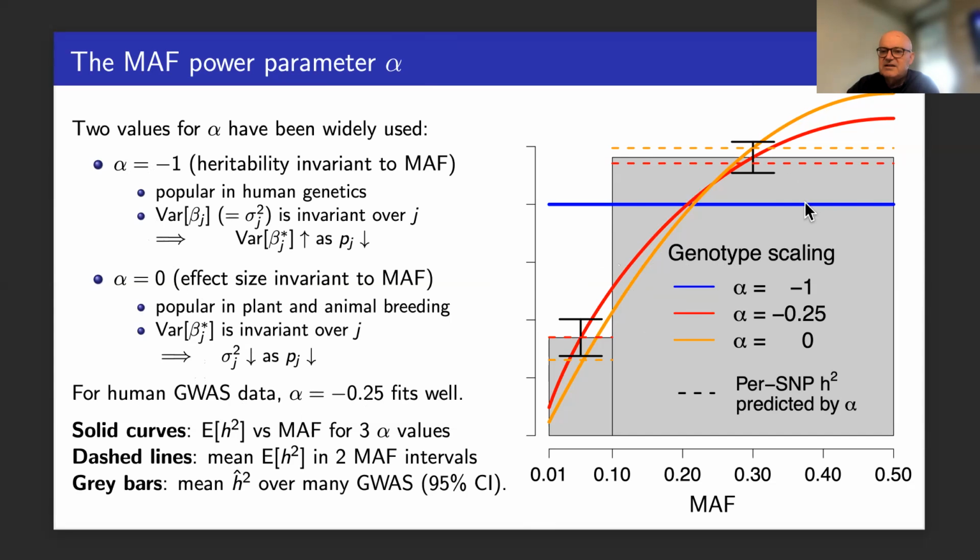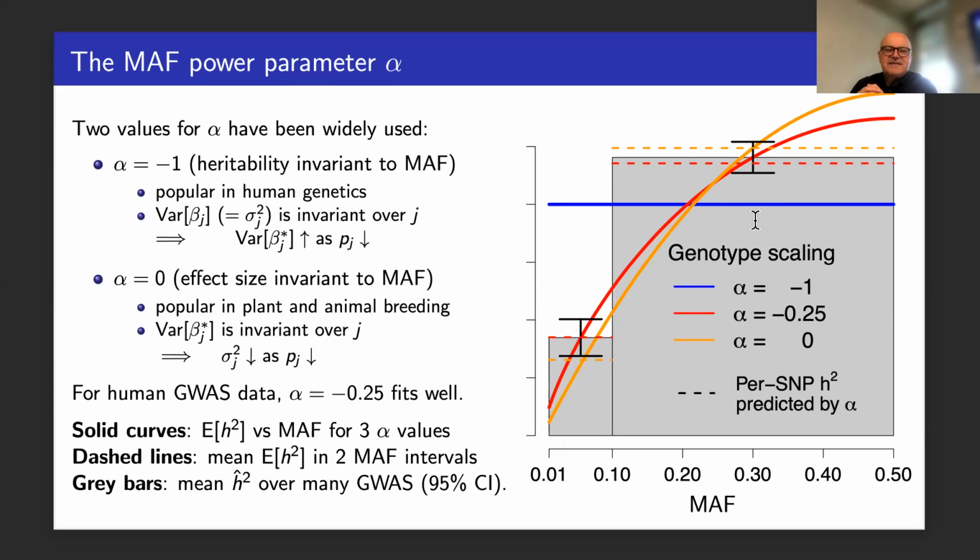The blue line is the uniform heritability model. The gray bars represent empirical data over many GWAS, partitioned into two parts, less than 10% and more than 10%. You can see that the alpha equals 0 assumption of the animal and plant breeders is not too bad, but -0.25 is better, and the uniform model is hopeless.